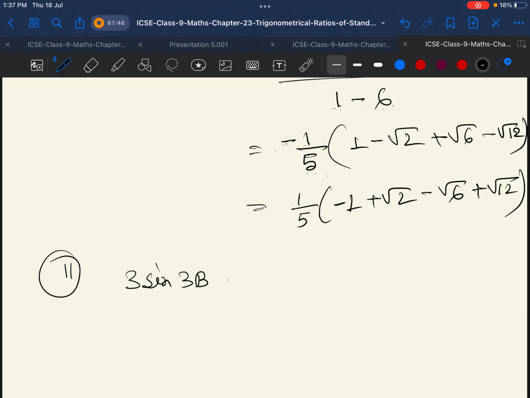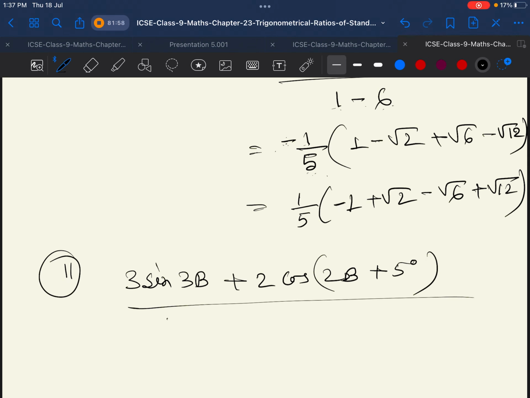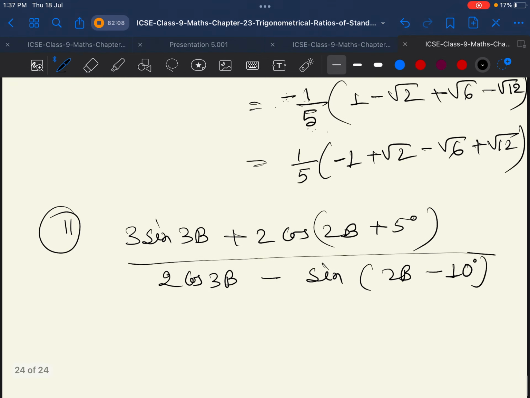(3 sin 3b plus 2 cos (2b plus 5 degrees)) by (2 cos 3b minus sin (2b minus 10 degrees)). Okay, here b is 20 degrees.